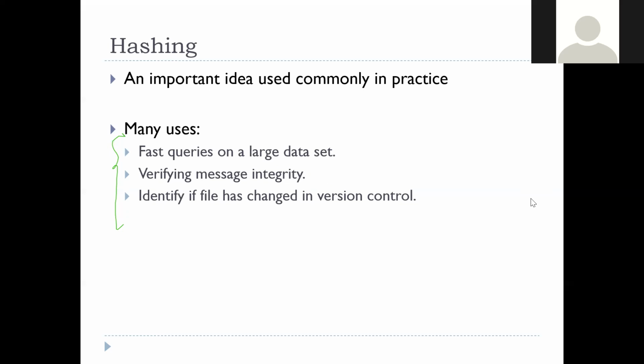It has many usages. What we will later talk about is supporting faster queries in a large data set, which is what we'll focus on using the hash table. But the hashing idea has also been used in other places, such as verifying the integrity of messages, and identifying whether a file has been changed in version control, and so on. Let me give you some examples.